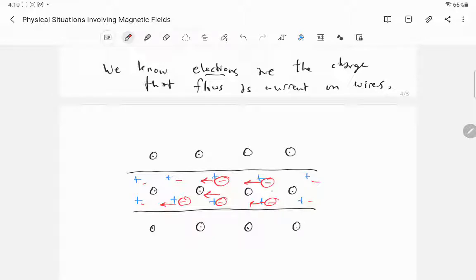Those electrons are moving towards the left because remember that the conventional current is the direction of positive charge flow. If negative charge flows to the left, that's the same thing as positive charge flowing to the right. But we know that they're flowing leftward, because we know electrons are the charge that flows as current on wires.